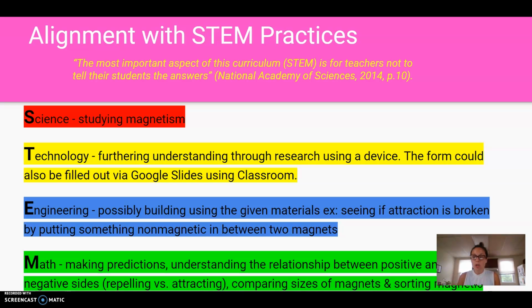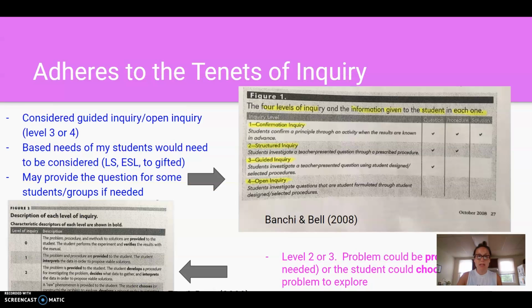For example, putting things in between magnets to see if traction is broken by putting a certain amount of items in between two magnets. And then math, they're making predictions, understanding the relationship between the positive and negative sides, repelling versus attracting. It could be comparing sizes of magnets to see if one magnet's stronger due to size. And they're also sorting for magnetic versus non-magnetic.